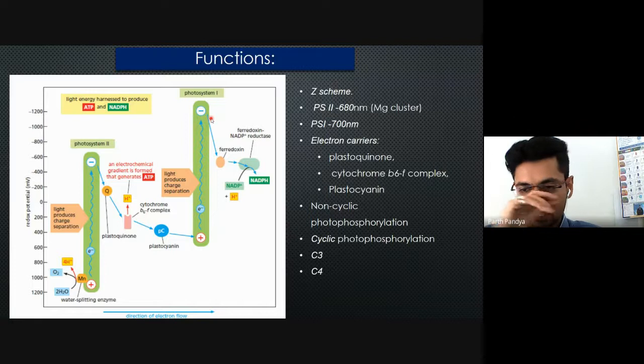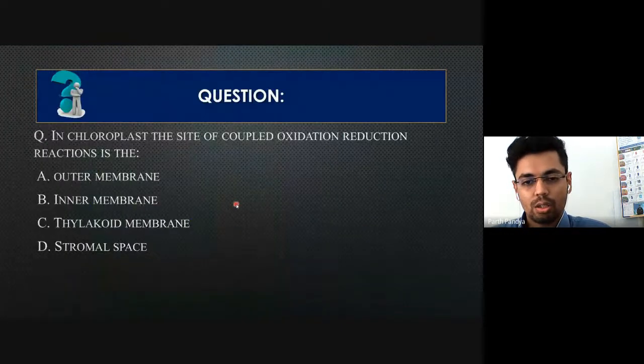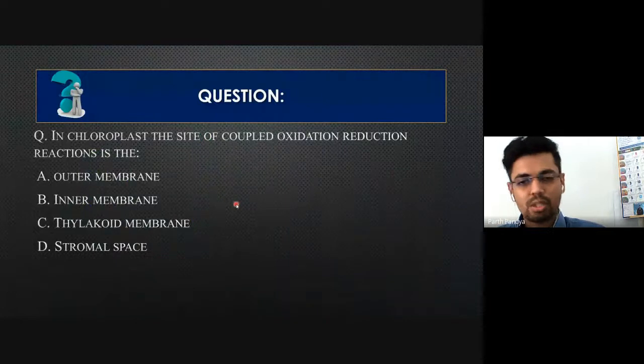In that case, cyclic phosphorylation works, and once ATP is produced, then the non-cyclic photophosphorylation starts. That is one of the mechanisms operating. Apart from that, we also have the C3 and C4 mechanism.